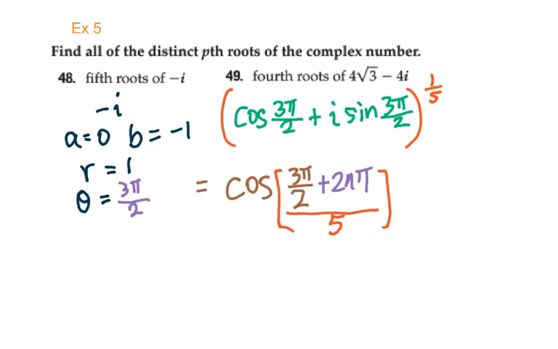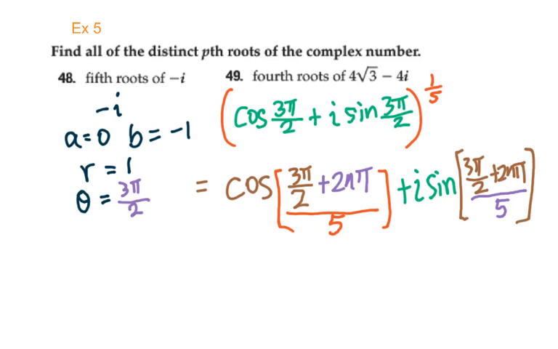We do the same thing for this sine. So we got 3 pi over 2, add 2n pi, over 5. Then n equals 0, 1, 2, 3, 4.